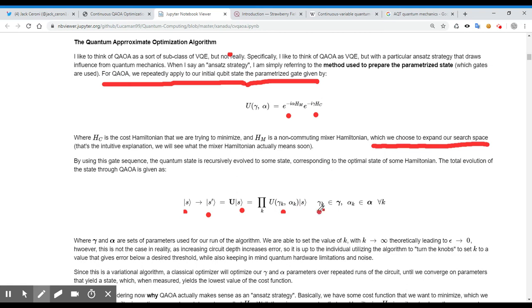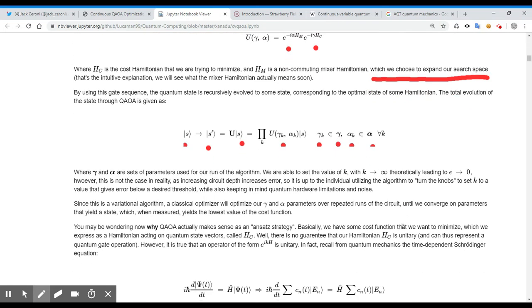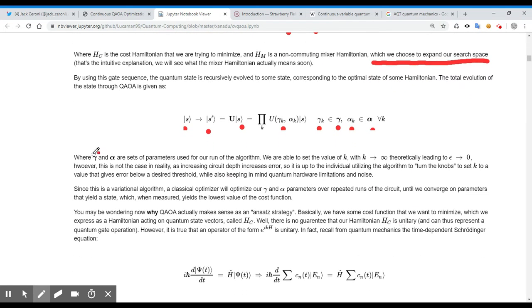And so these are values of your beta parameter set, and these are values of your alpha parameter set, for all k. These sets of parameters are exactly what we use for our run of the algorithm. Okay, we're able to set the values.